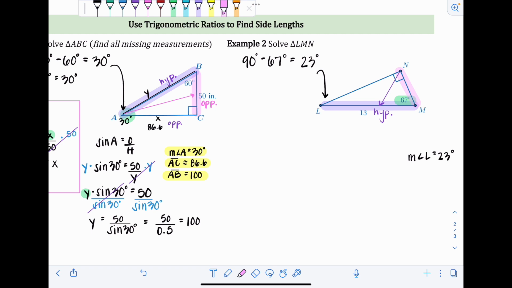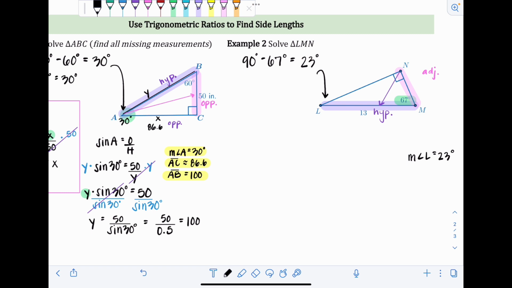So MN, since I picked angle 67, that 67-degree angle or angle M to focus on, MN is the adjacent side. So I know the hypotenuse and I'm trying to solve for the adjacent side. So I would pick the trig ratio that combines hypotenuse with adjacent, which is cosine.